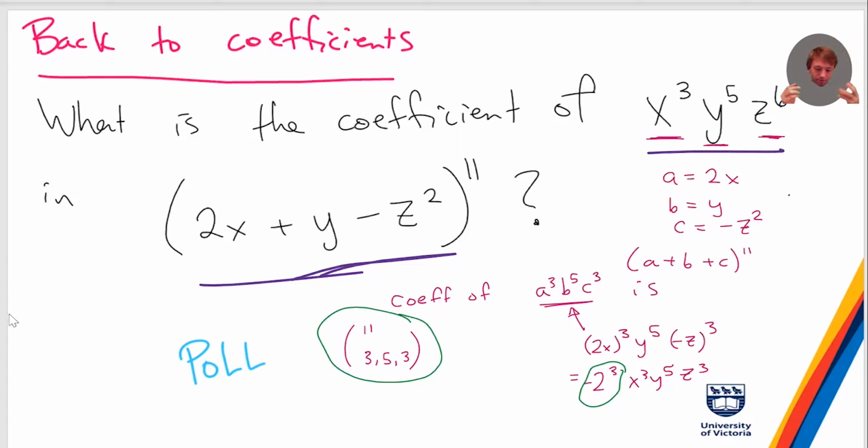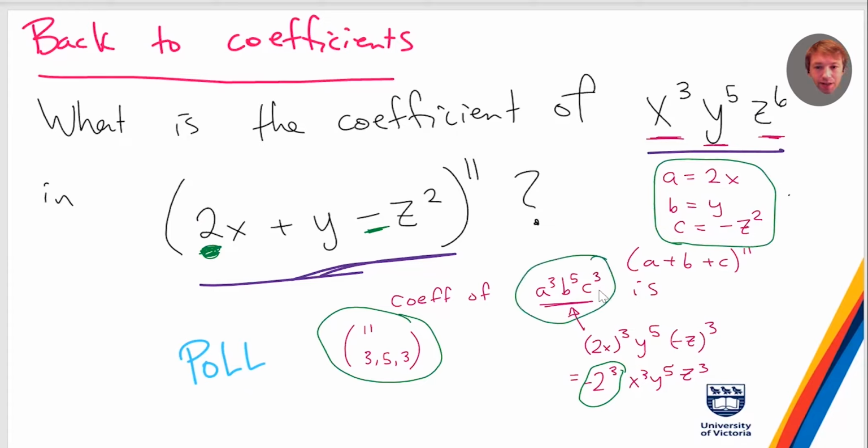One important thing is really understanding what the question is. You have to be careful if there are coefficients on the variables, like a negative 2, for example. I'm asking for the coefficient of x cubed, y to the 5, z to the 6, not the coefficient of a cubed, b to the 5, c cubed after the substitution.